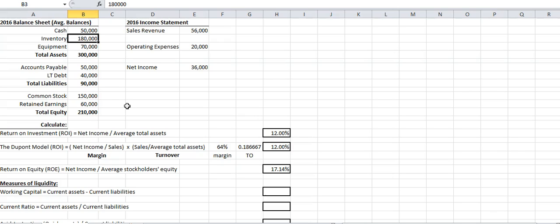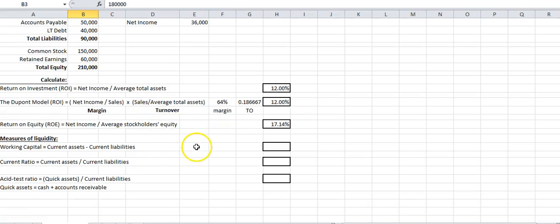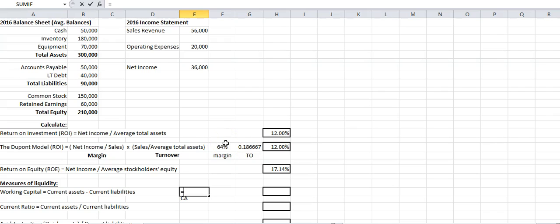Inventory, accounts receivable, cash equivalents, and highly liquid short-term investments that are maturing within 1 year. Okay, those are all current assets. Okay, in this case we only have two that are current assets, right? Cash and inventory. Okay, so let me go ahead and put my current assets here. My current assets are cash and inventory.